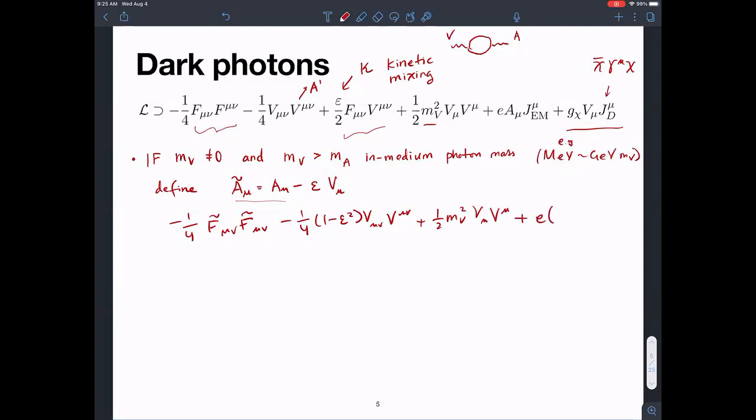And now what happens is that the coupling of the photon here gets replaced with a coupling of this redefined photon and the dark photon.